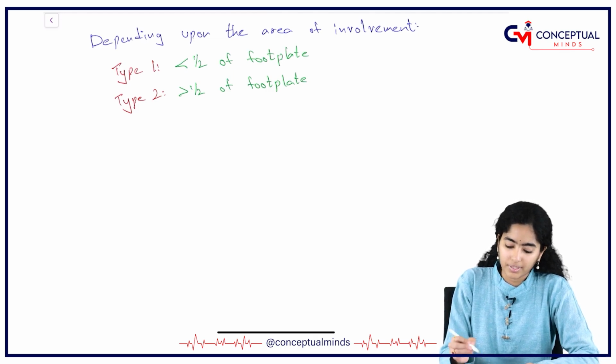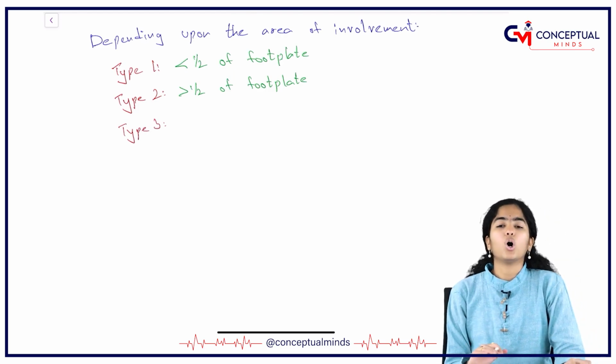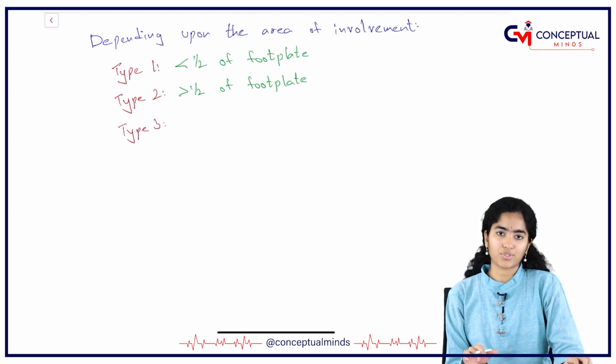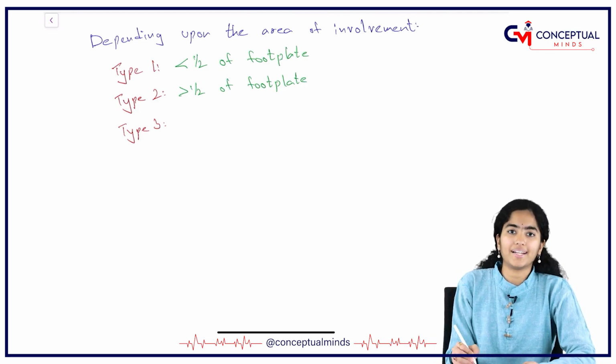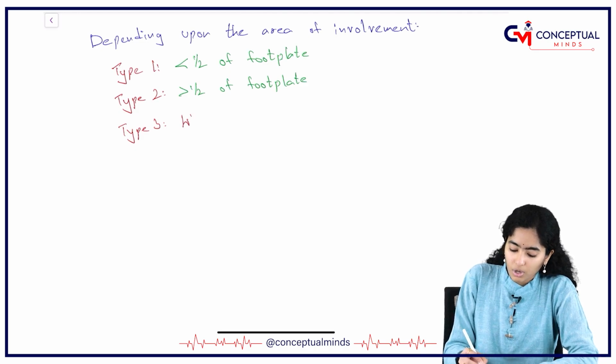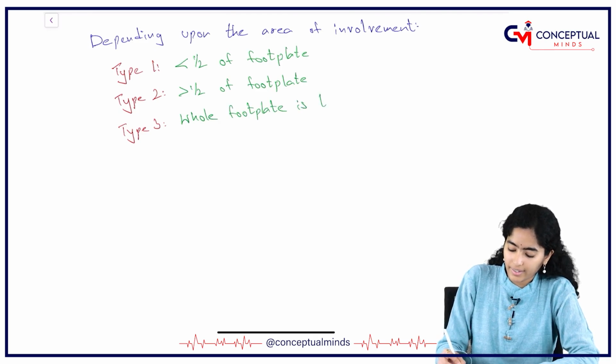Now in type 3, what we observe is the whole footplate is involved and it appears to be thick, but the margin of the footplate is still normal. The whole footplate is thickened except the margin.